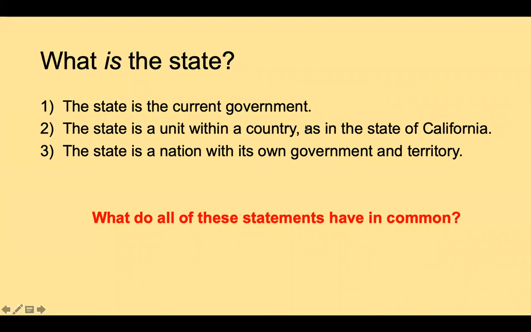Valentine says what these statements have in common is that a state governs over a unity of people in a certain area with its own laws. Okay, that certainly is a set of dimensions that we'll associate with the state, law and order and the establishment of a system of laws in a territory and over a human community or a set of groups or a society, if you will.